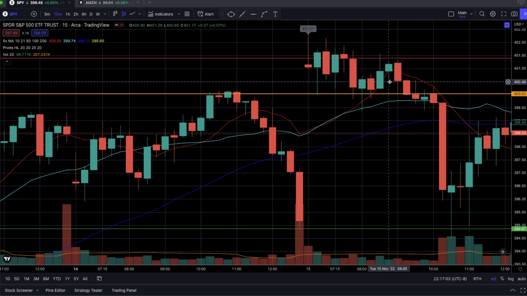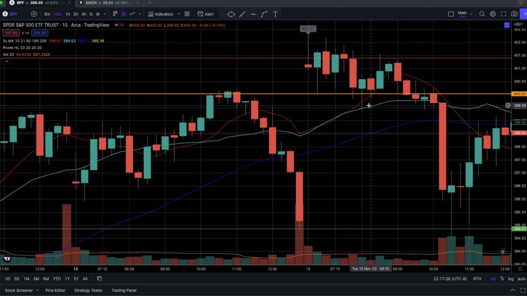So SPY here, this 400 level, we were using it as a level of support multiple times throughout the day after market open. And we continued to stay on top of the 10 and 21 SMA on the 15-minute time frame, even after retesting it multiple times.